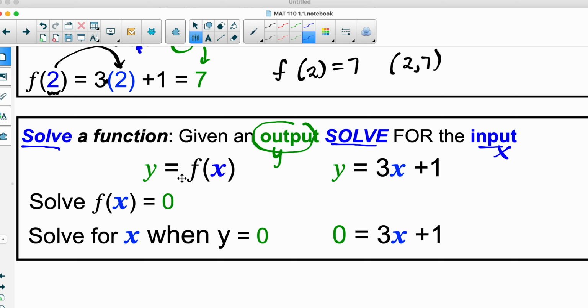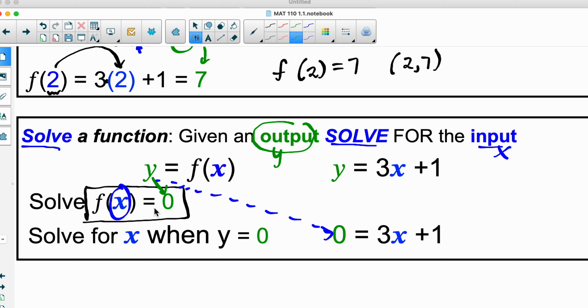We've got y equals f of x, or y equals 3 times x plus 1. In function notation, I've told you here that f of x equals 0. So that means we're told that the y value is 0, and we want to solve for the x value. We don't know the x value, but we know that the y value needs to be equal to 0.